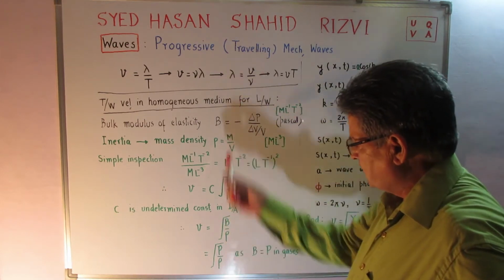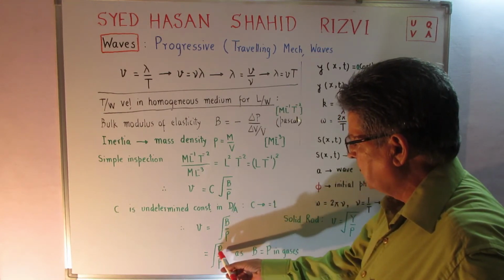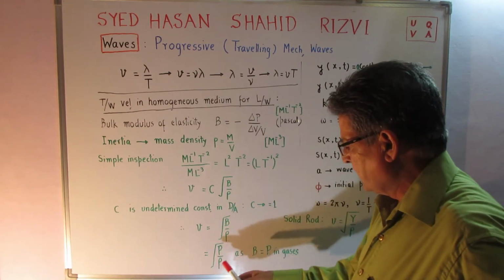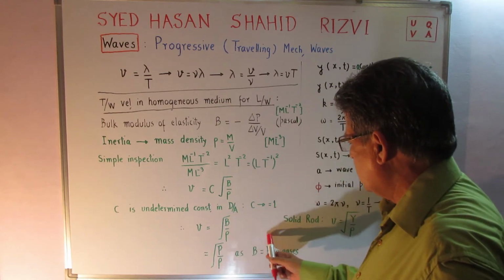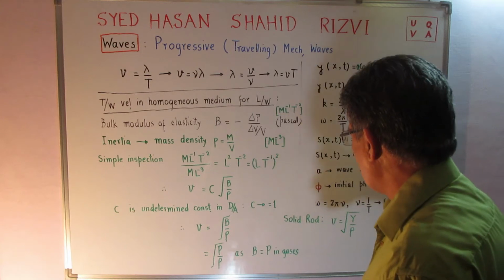Which, as I will show just now, in the case of a gas, B turns out to be equal to P, okay, where B is equal to P in the case of gases, as I am going to show you just now.